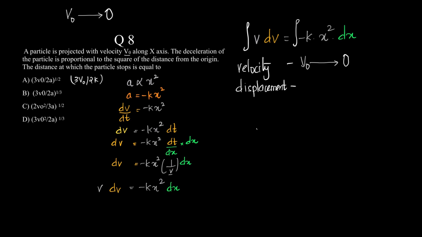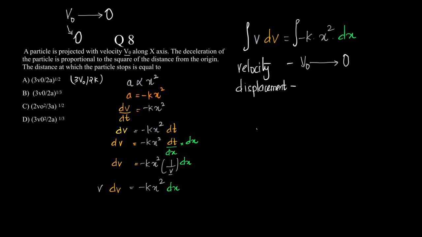Now, what will happen to displacement? See, we know that we have to find out the corresponding displacement with respect to v0 and 0, that is final and initial. Now, when the body has started moving, the velocity was v0, and since the motion has just begun, the displacement would be 0.